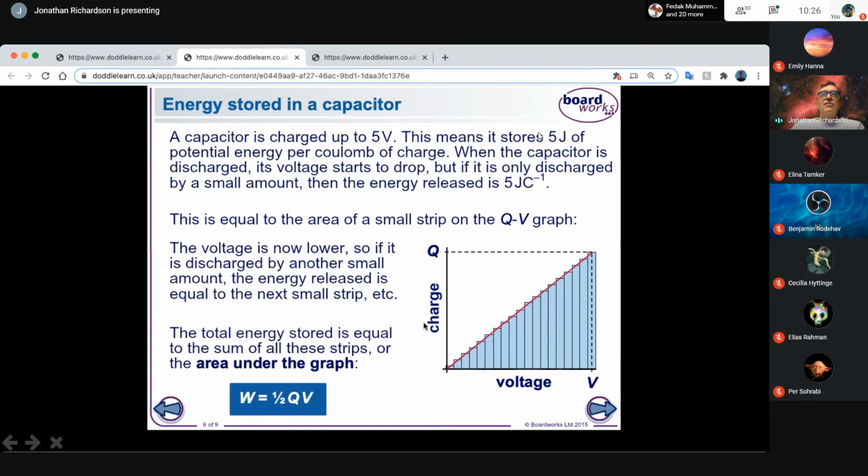So a half, Q the charge, V the voltage. So we have a formula that we can use that tells us the relationship between charge and voltage and how much energy is stored, or the work that is done in providing, for example, energy into the defibrillator.